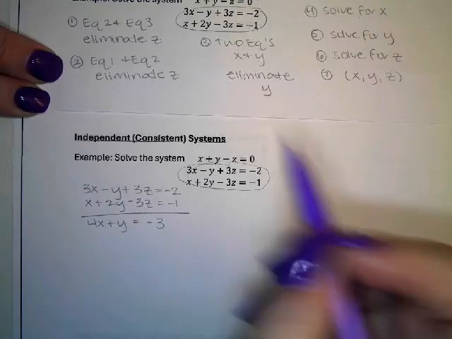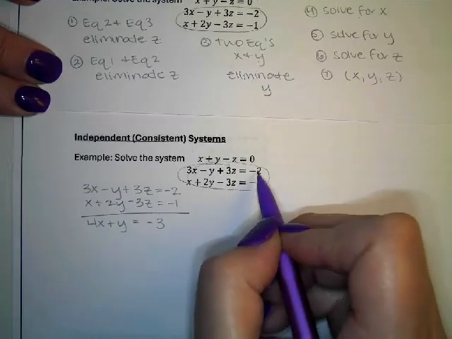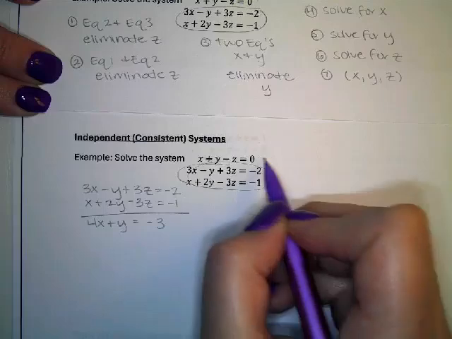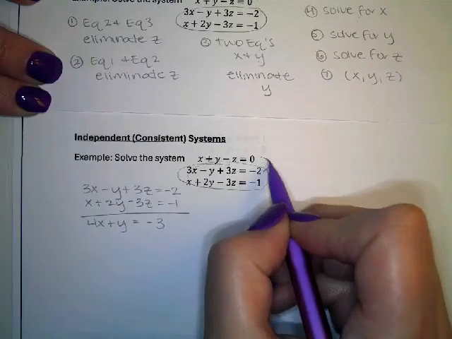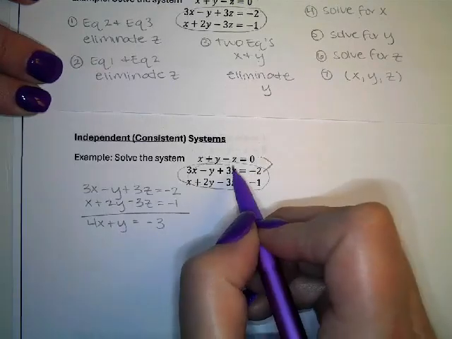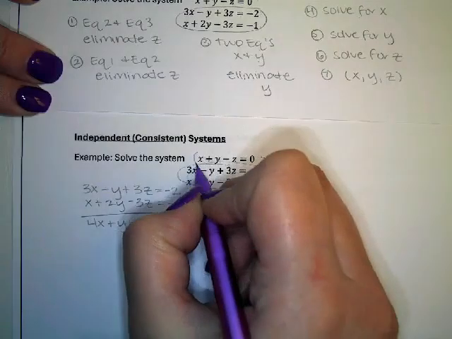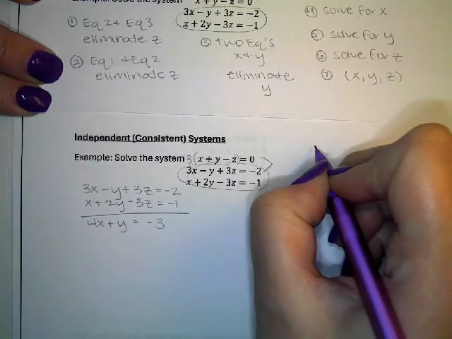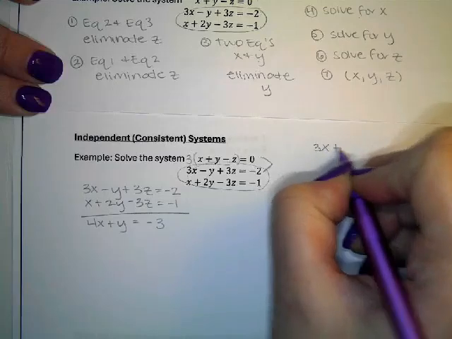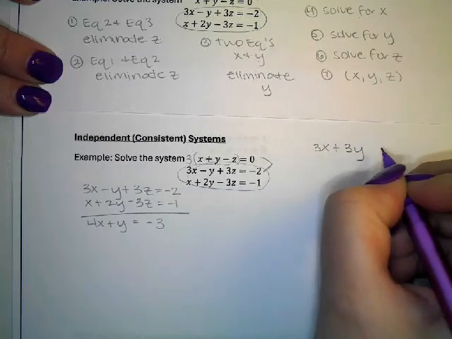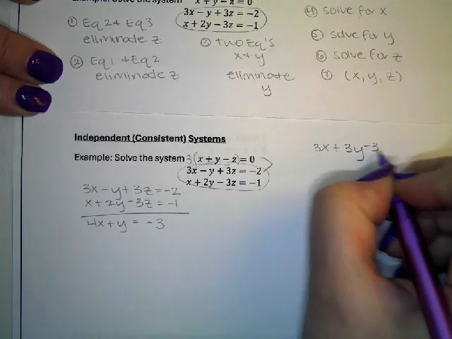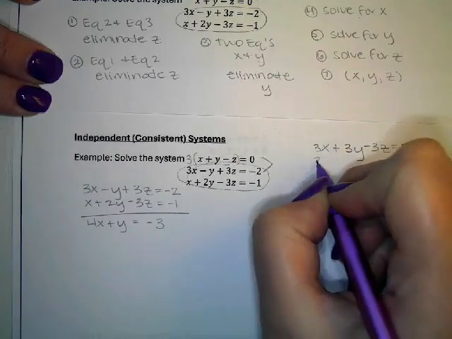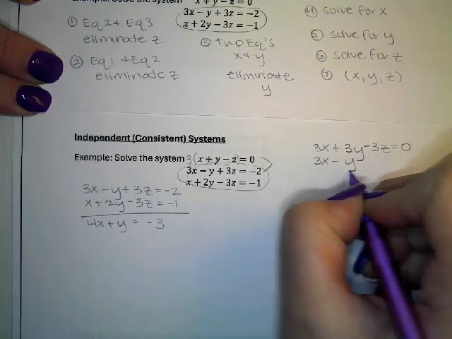All right, now I'm done with equation 2 and 3, so I have to work with equation 1, and I decided to work with equation 1 and 2. To get the z's to eliminate, I have to take equation 1 and multiply by 3. So I've got 3x plus 3y minus 3z equals 0. Equation 2, I'm just going to copy down exactly as it is.